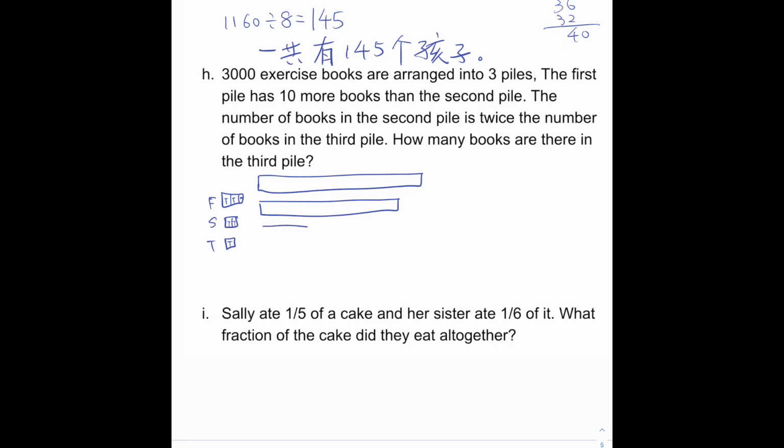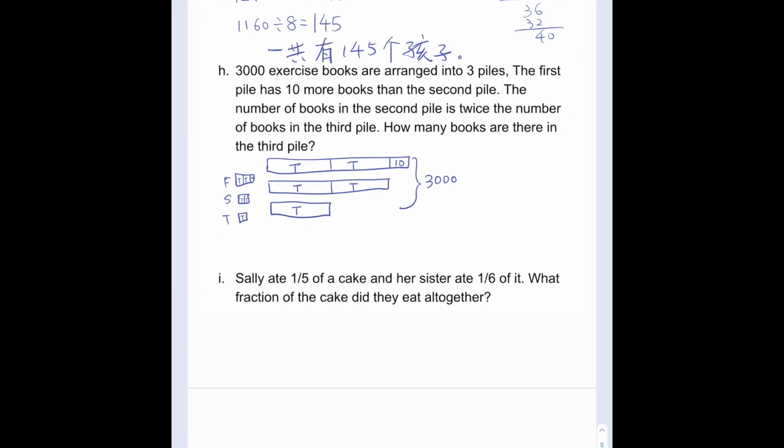And the third pile, let's say this is T. And the second pile is 2T. And the first pile is 2T plus 10. And altogether makes 3,000.